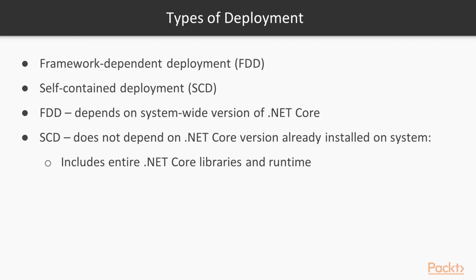There are two kinds of deployment available for .NET Core applications, which are Framework Dependent Deployment (FDD) and Self-Contained Deployment (SCD). The first one depends on a system-wide version of .NET Core to be present before running the application, whereas the second type of deployment does not depend on any .NET Core version already installed on the system, as it includes the entire .NET Core libraries and runtime, along with the resultant application files.